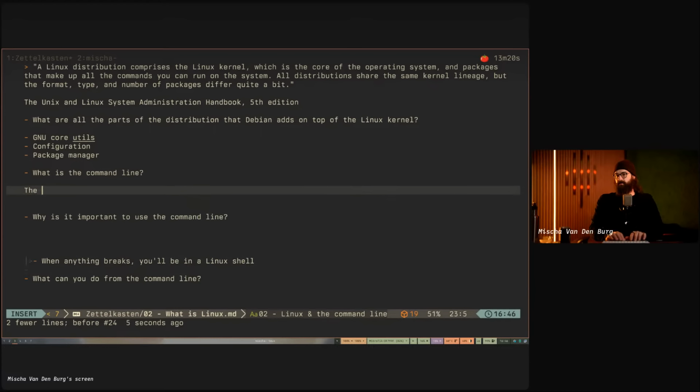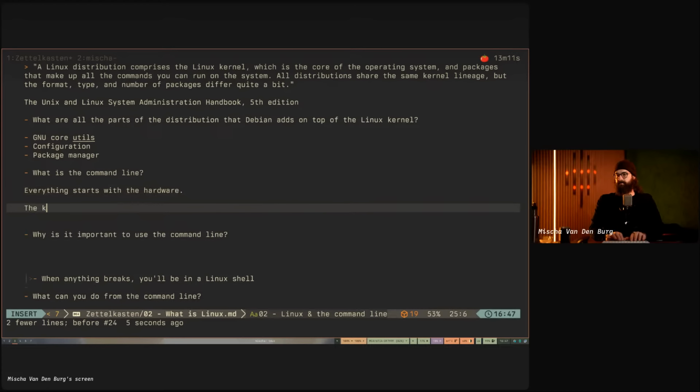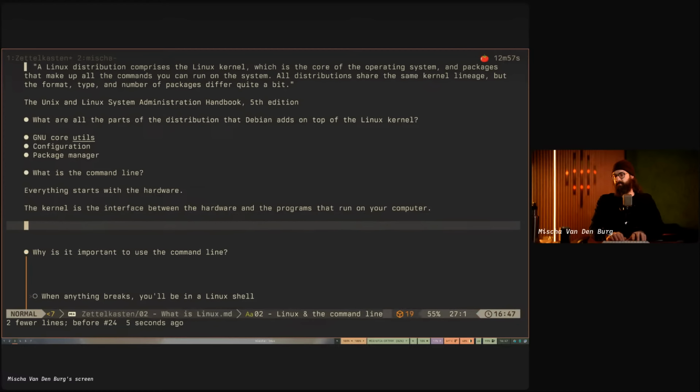So everything starts with the hardware. The kernel is the interface between the hardware and the programs that run on your computer. Let's put that a little bit simply, okay?